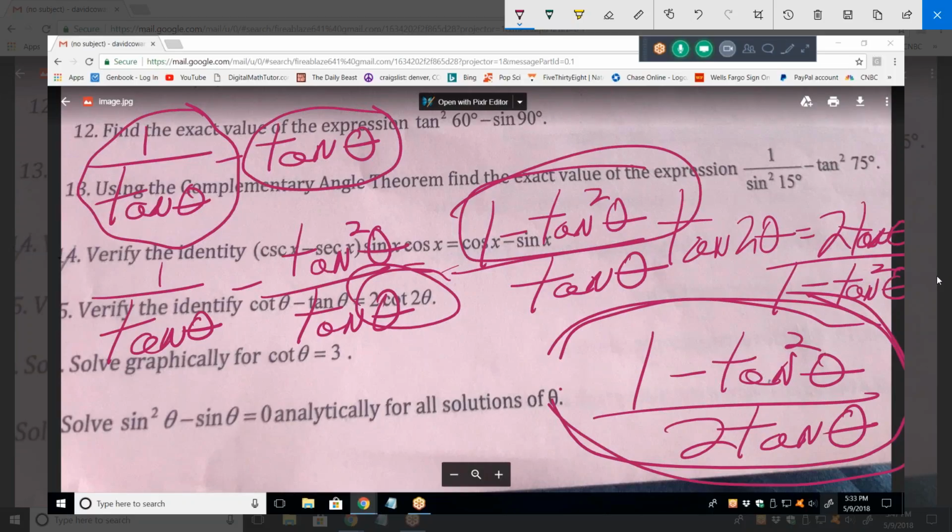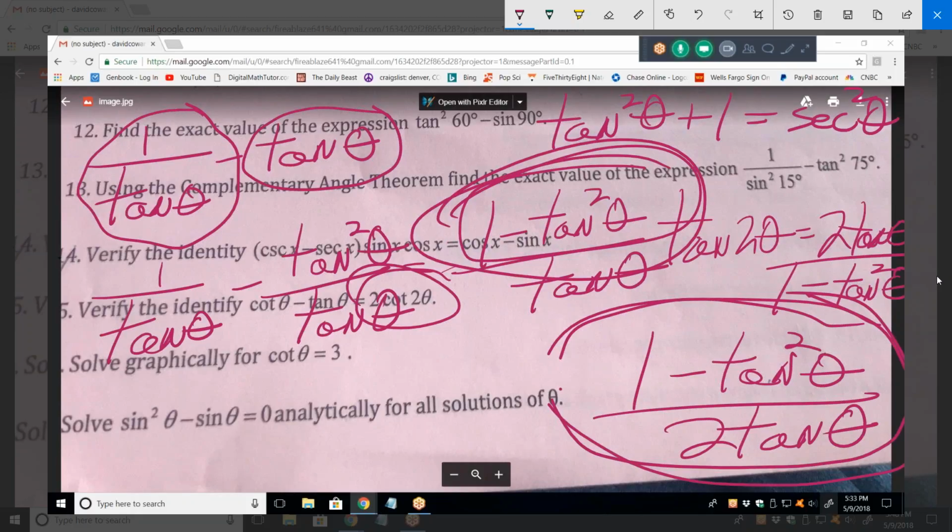The identity is 1 plus tan squared theta. What if I took tan squared theta plus 1 equals secant squared, and I subtract 2 tan squared from each side, then I end up with 1 minus tan squared equals secant squared minus tan squared minus 2 tan squared. I don't know.